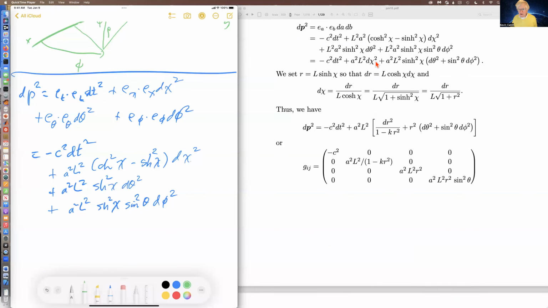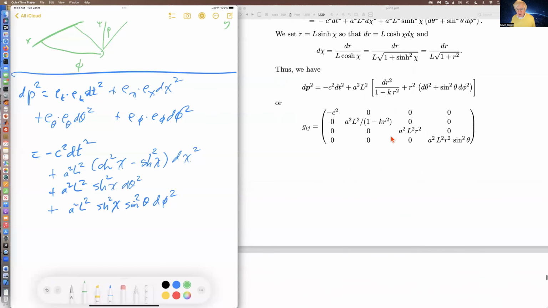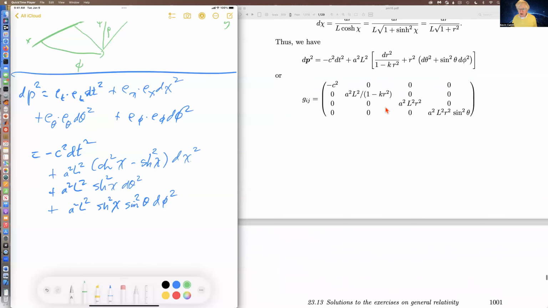We have d chi squared, which is dr over 1 plus r squared. So if it's minus k r squared, k is -1. And if k is -1 and we have a minus k, then this is the closed universe. Okay, this sort of surprises me.